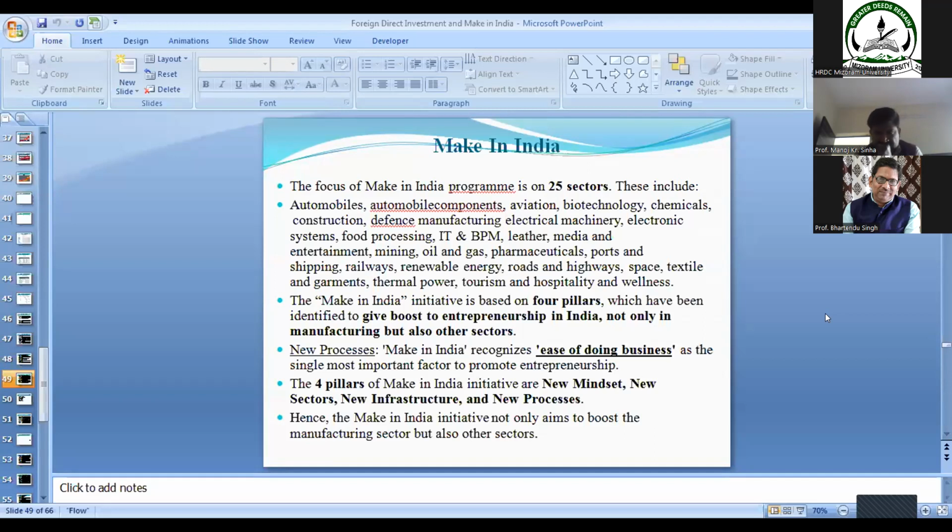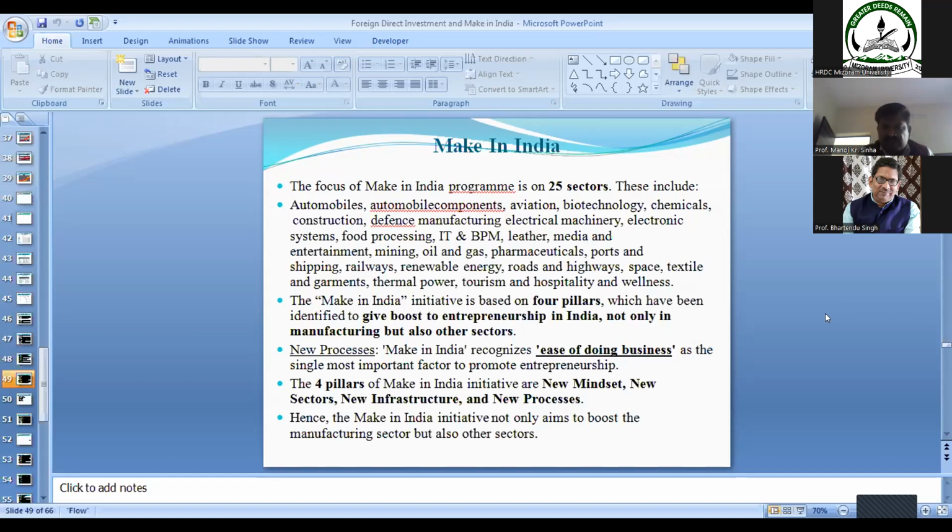The pillars include new market, new mindset, new sectors, new infrastructure, and new process. It means the Government of India is ready to open all the sectors and liberalize the policy on a customized basis.